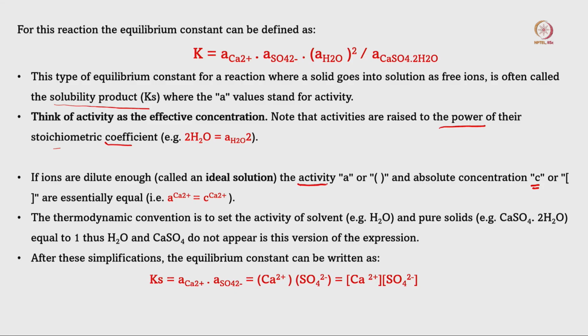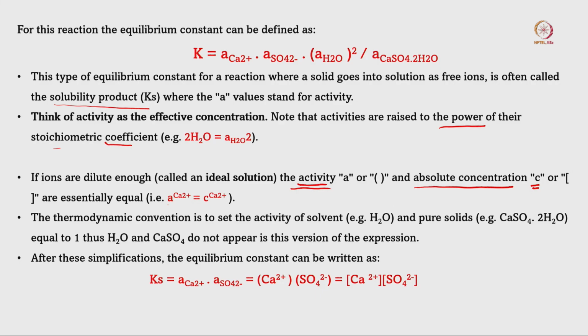So, in an ideal solution, if the ions are very dilute, then the absolute concentration is equal to the activity. So, you can write the activity of calcium 2 plus is equal to the concentration of calcium 2 plus. So, these are a few things that we are discussing.